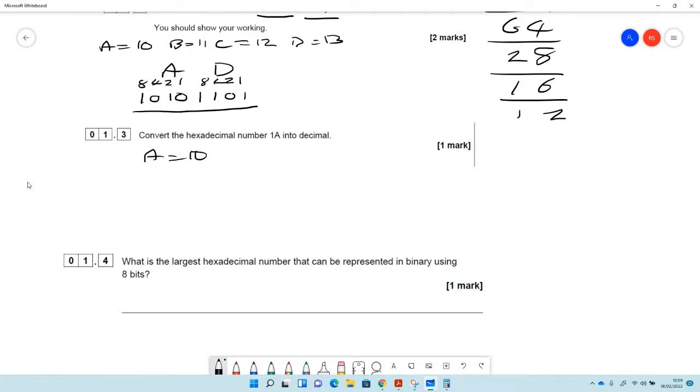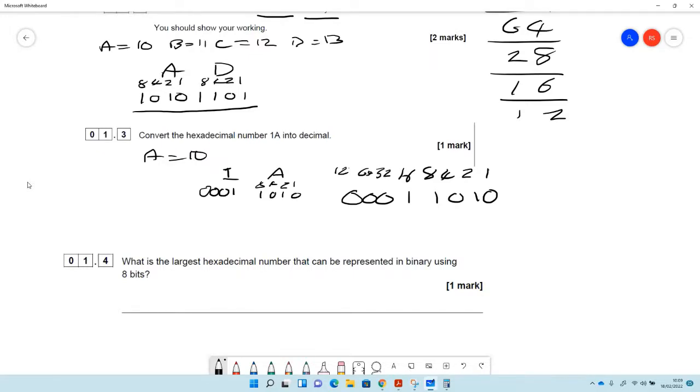So if we want to go into binary, the first number is 1, so that's 0 0 0 1. And the second one is A, and we'll put our numbers in again. So we've got our binary number 0 0 0 1 1 0 1 0. So we're going to put our positions in, and we're going to add them together.